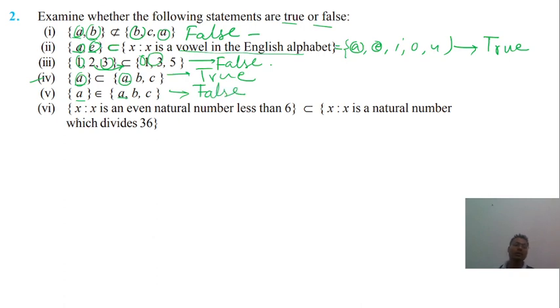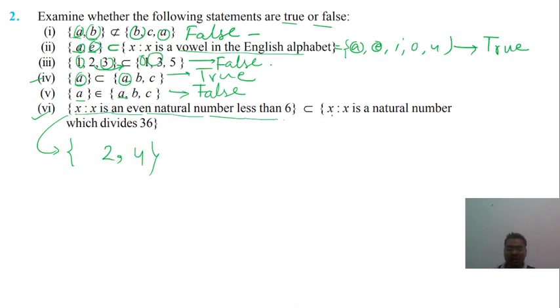Okay, coming to the sixth question, they say X is an even natural number less than 6. We convert this into roster form: an even natural number less than 6 is 2 and 4.